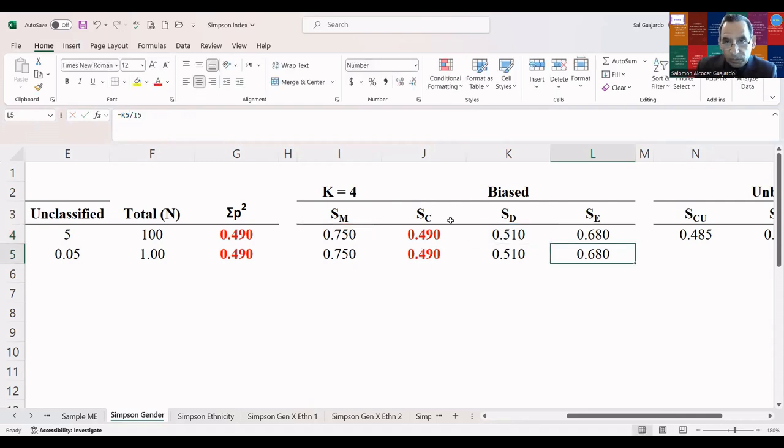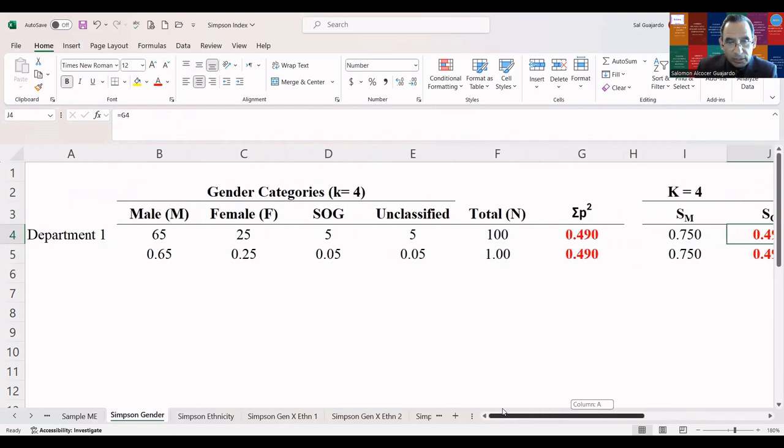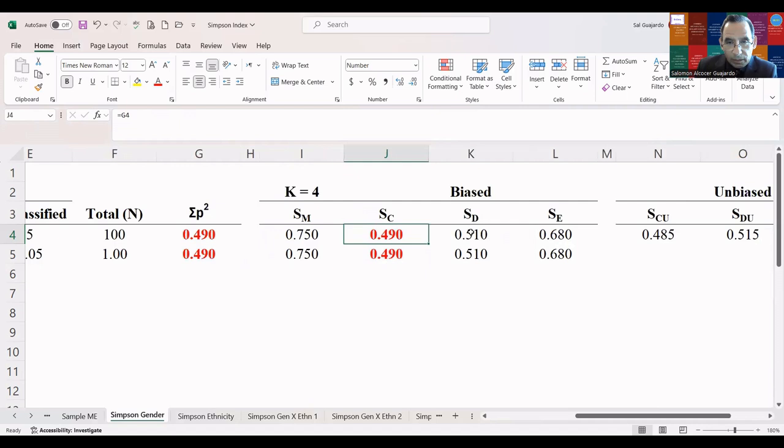So let me interpret what these numbers mean. The concentration score of 0.49 means that there's a 49% chance that if I randomly select 2 individuals, they would belong to the same gender group. The diversity score is 1 minus 0.49, which is 0.51.